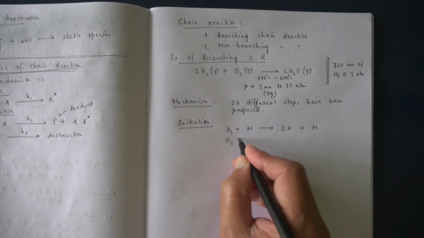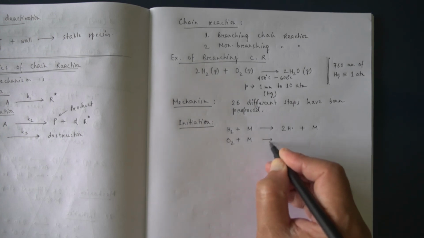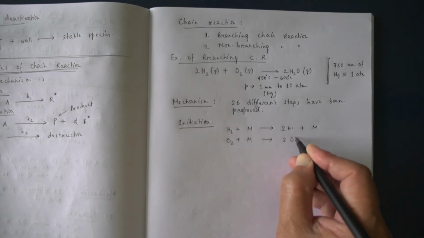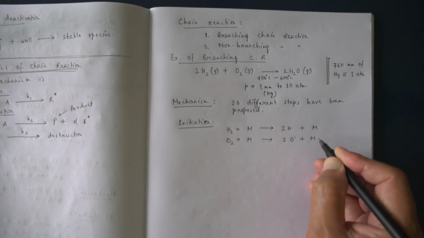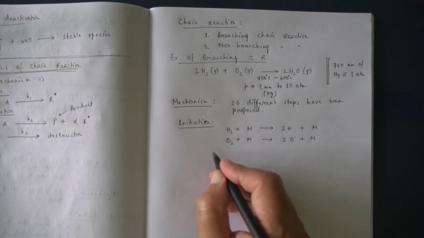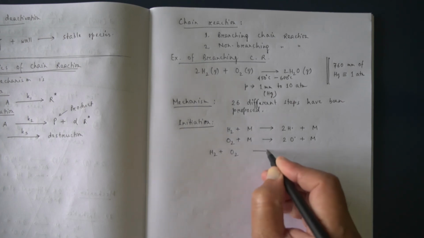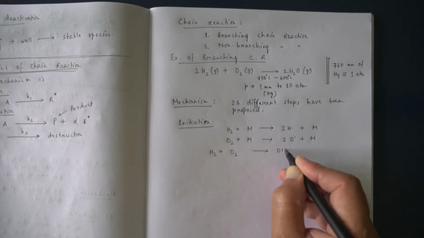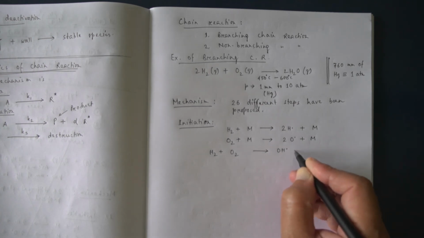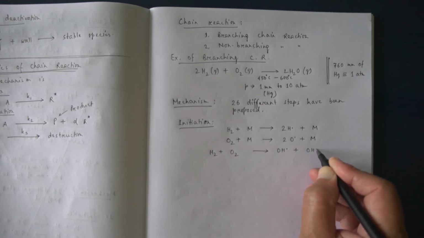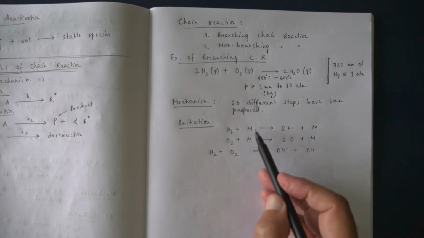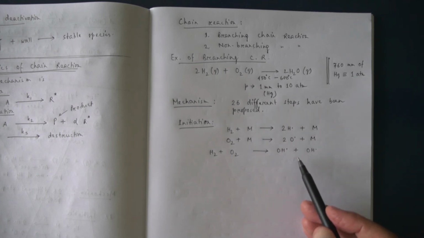Similarly, it may be like this also: O2 plus M gives 2 oxygen radicals plus M. Then maybe hydrogen plus oxygen, from which we get this radical, then this radical. So these are the different initiation steps.